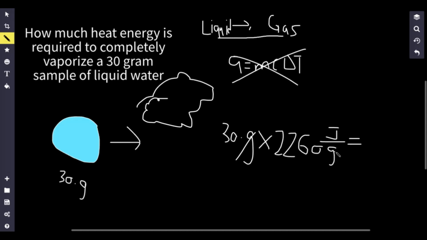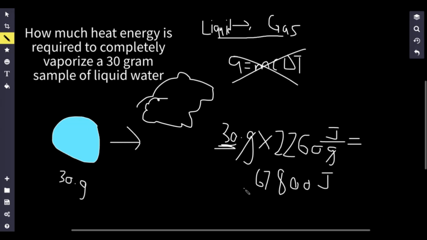The grams cancel out. You're left with joules, which is what we want. And we're going to get 6,700 joules. Remember, we have to round to the correct number of sigdigs.